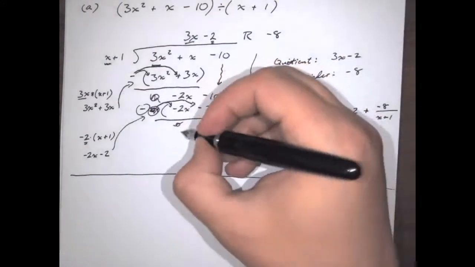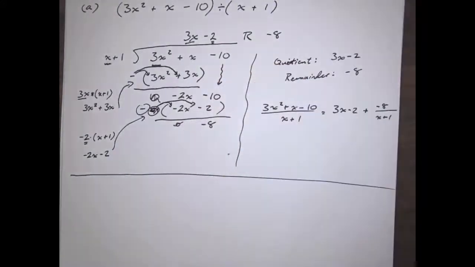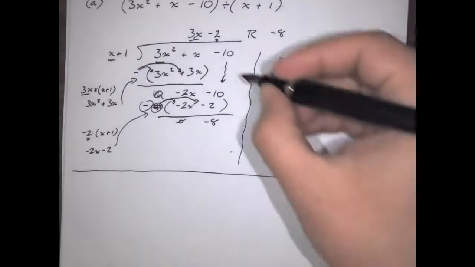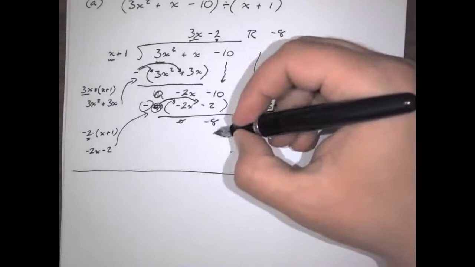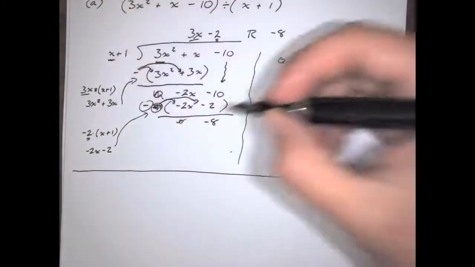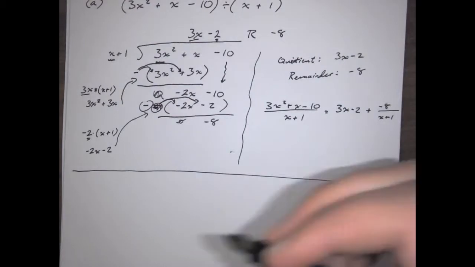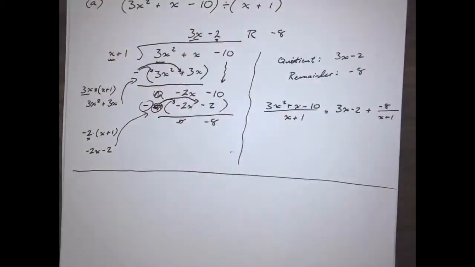So that cancels, and this becomes a positive 2, which makes that a negative 8. And then that is our remainder. There's no more of that we can put into that. Once it gets below the degree of the divisor, then it's pure remainder.